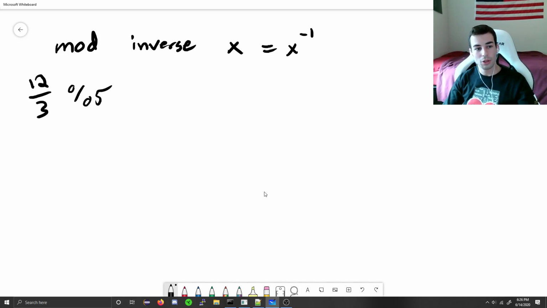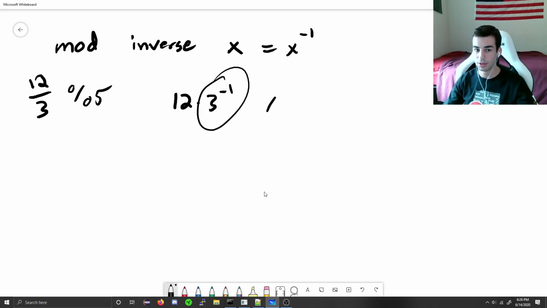The great part about mod inverses is they let us effectively do division. So we can multiply by something, but instead of multiplying by it, we're multiplying by the modulo inverse, and that's similar to dividing by that number. So this is equivalent to 12 times 3 inverse, whatever this thing is, under mod of 5.